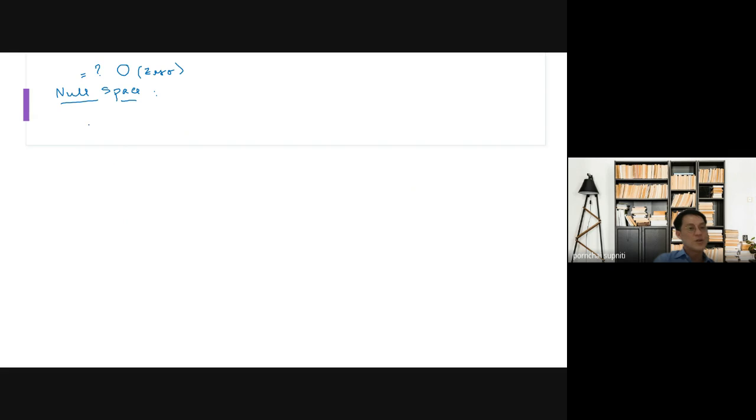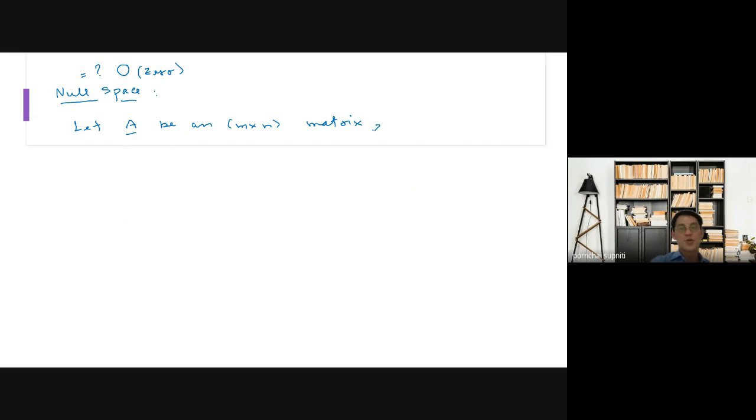So let matrix A be an M by N matrix. Previously we set A as an M by N matrix, and we can generate the column space and also the row space. So now let A be the same matrix.